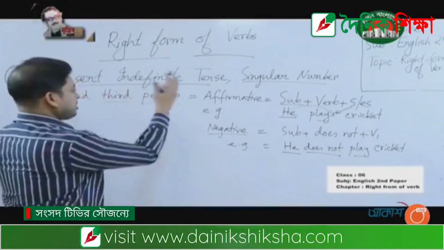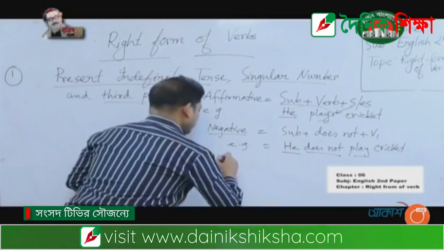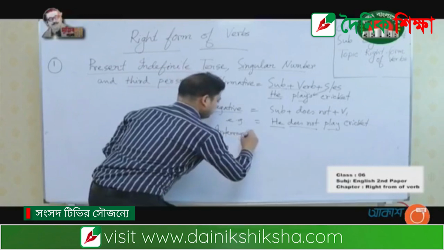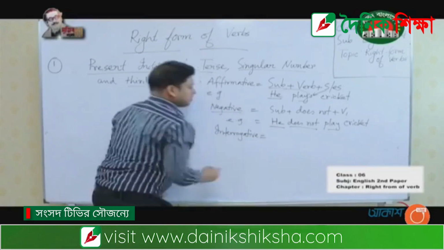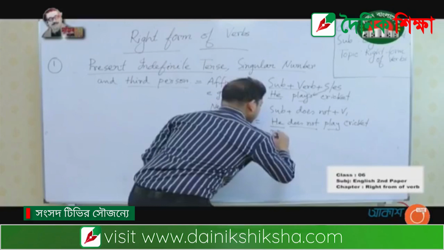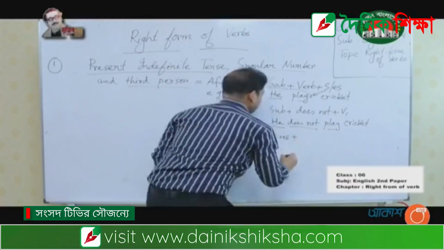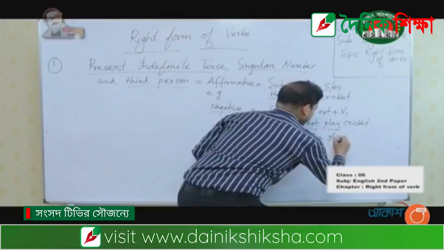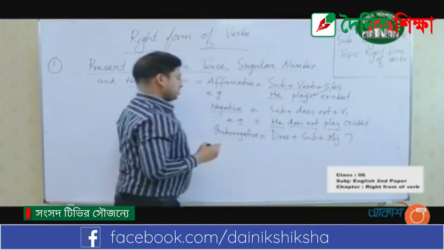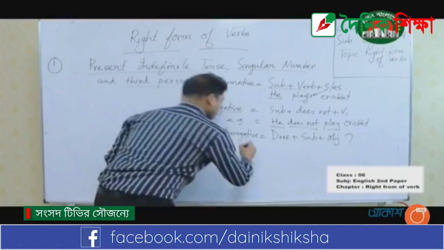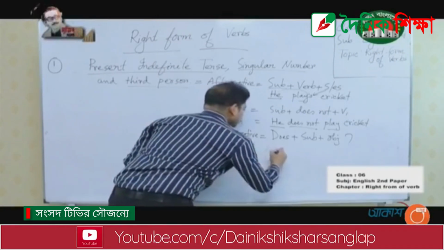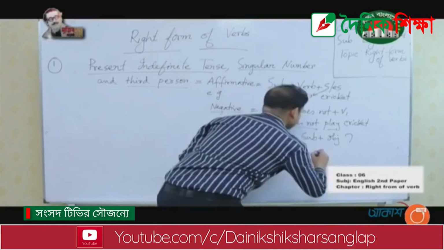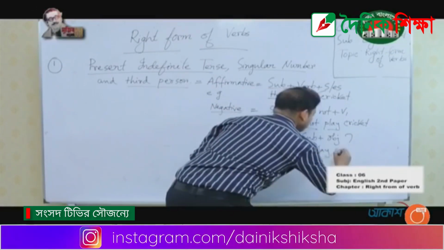If the same things are there, then for an interrogative sentence, there will be a structure like this: does plus subject plus object. Most obviously there will be a question mark, because this is an interrogative sentence. For example, the same sentence: does he play cricket?